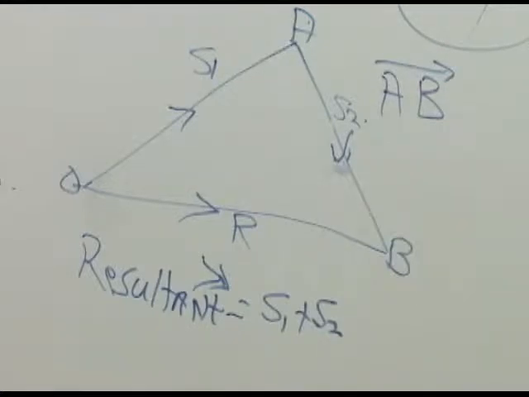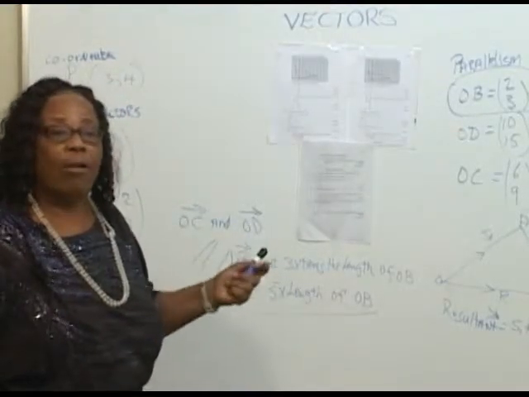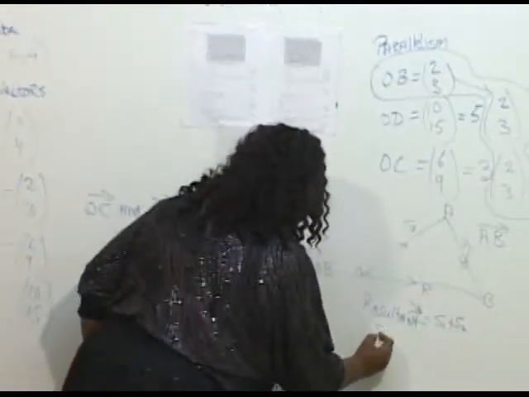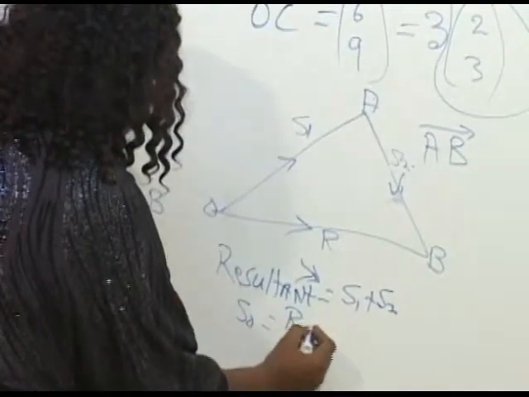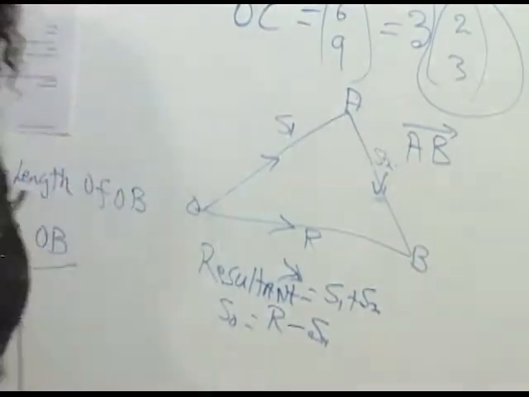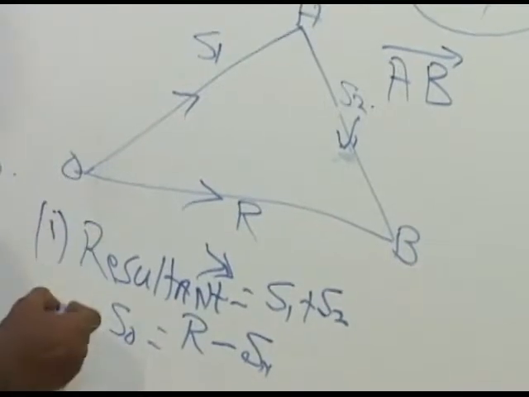So it's the same thing, but this time we're not dealing with a right angle triangle. The resultant is equal to the sum of the other two sides. And if we want to find one of the other sides, it would be equal to the big sum, which is the resultant, minus the other side that we have here. So we have two formulae to solve that.